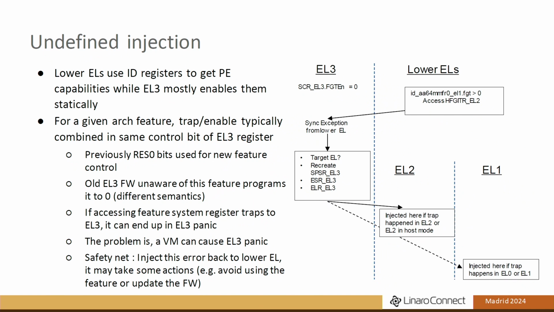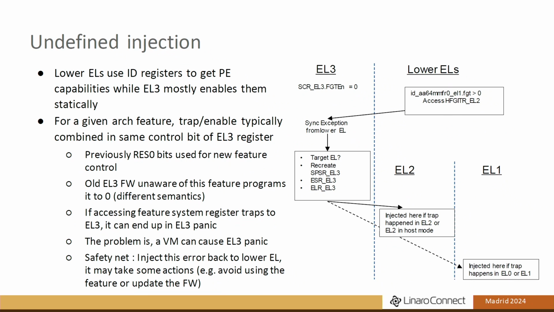if a lower EL accesses a system register at that point, it will trap into EL3, and most of the time it will end up in EL3 panic. The main problem is a VM can cause EL3 panic, meaning it can just shut down the system because EL3 is no more usable.